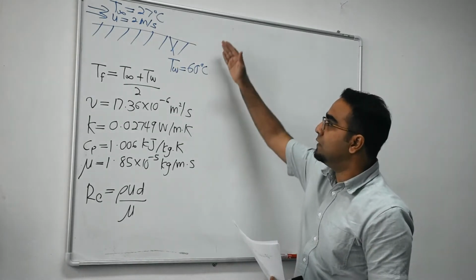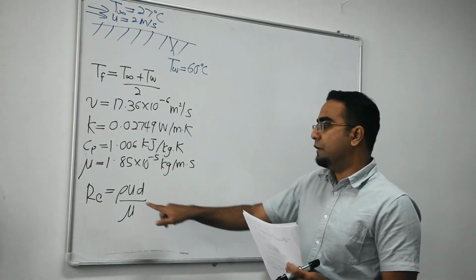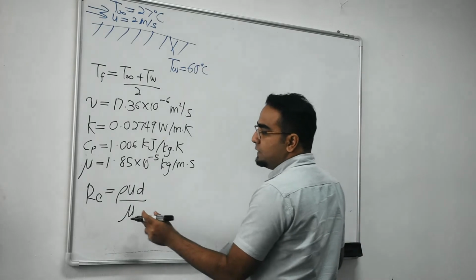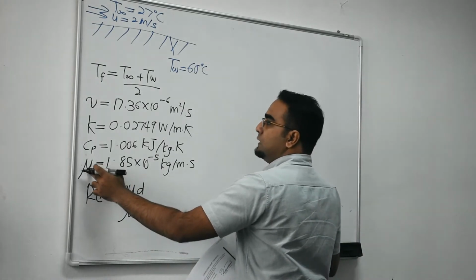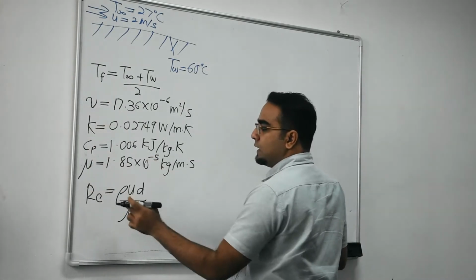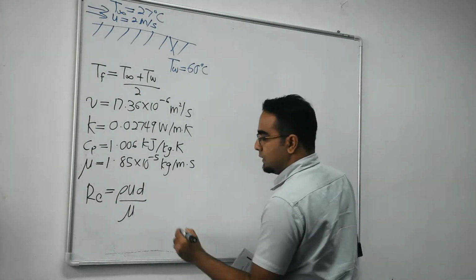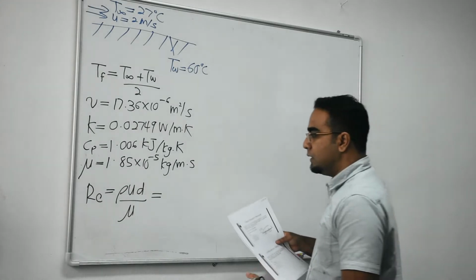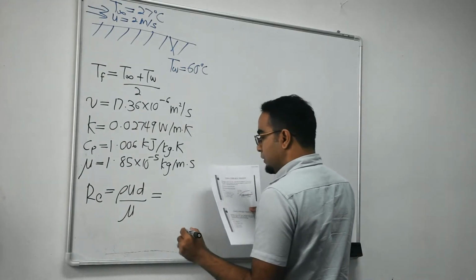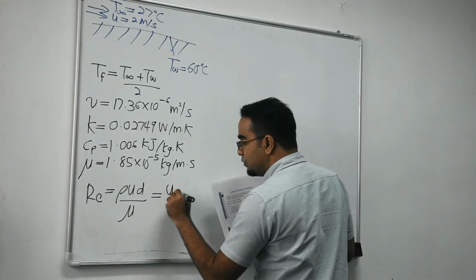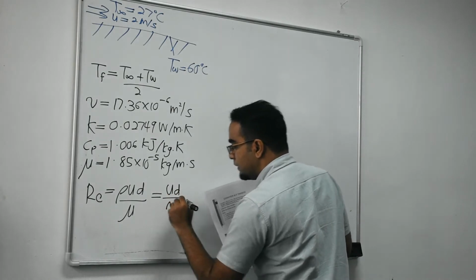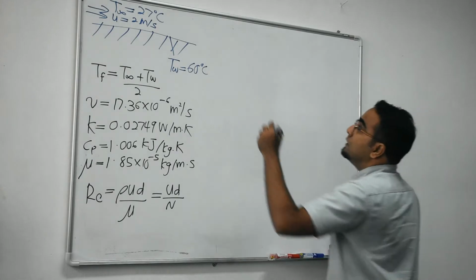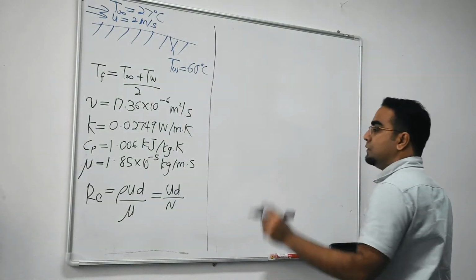Now if you look at the information we have so far here, we don't have the value of rho, but we know that there is a relationship between dynamic viscosity, kinematic viscosity, and the value of density. So we can convert the equation for Reynolds number. Reynolds number is equal to ud over kinematic viscosity.